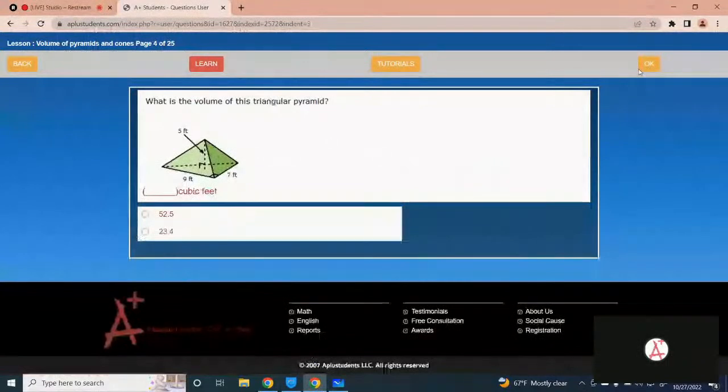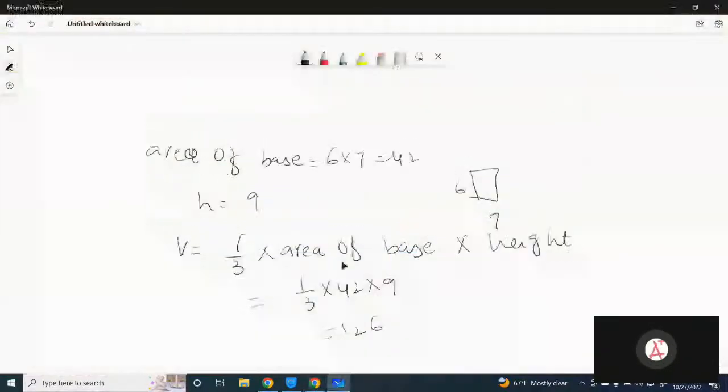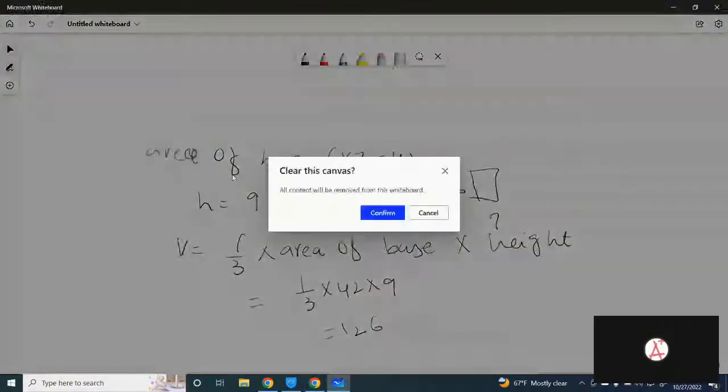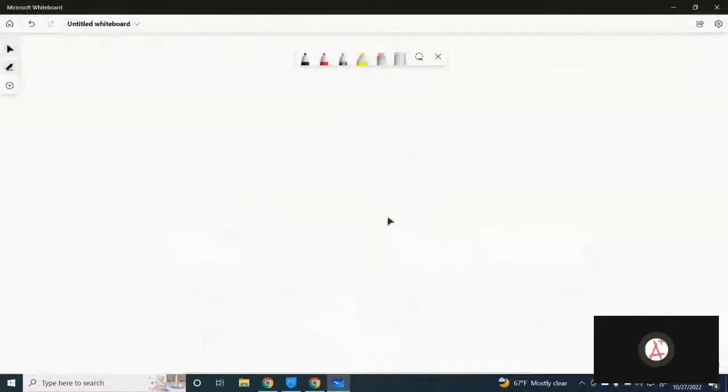Okay, now you are going with a triangular pyramid. You have to find the volume of the triangular pyramid. First of all, you have to find the area of the base. So the base is like this.